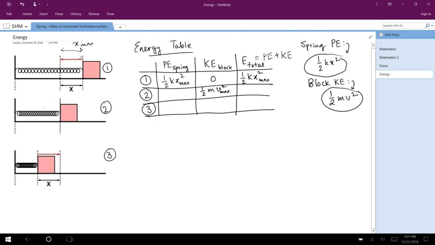So since the spring is at its natural length, the spring does not have any potential energy. Okay, so this entry is 0. So the total is 1/2 mv max squared. And notice that the third scenario is pretty much the same as the first scenario. So again, the kinetic energy is 0, the potential energy is 1/2 kx max squared, and the sum total is 1/2 kx max squared.